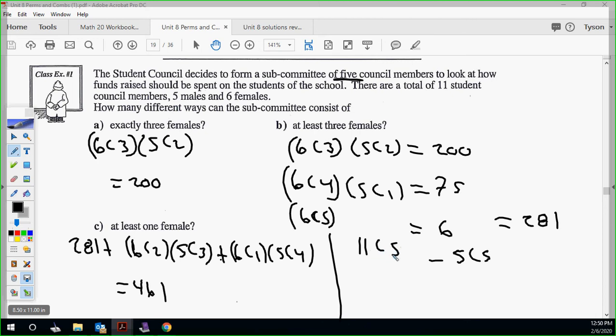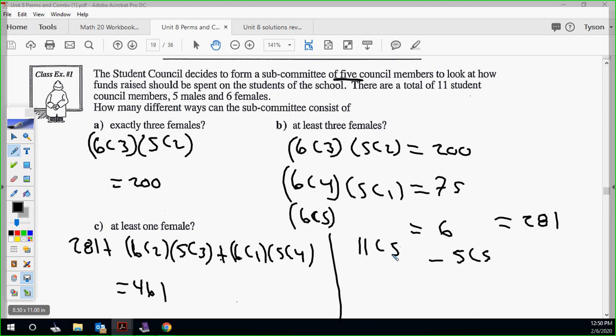When you're talking about all possible ways, you combine the genders because you're finding all ways to select 5 from the 11. The 11 is the guys and girls together. So 11C5 demonstrates every way you come up with a committee with no restrictions from those 11 people.